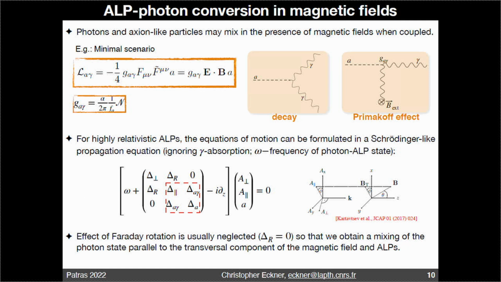with the so-called propagation equation that is written here in terms of a field that is decomposed into photons and an axion-like particle, and you might convert them according to those matrix elements here in the lower right corner of that matrix.